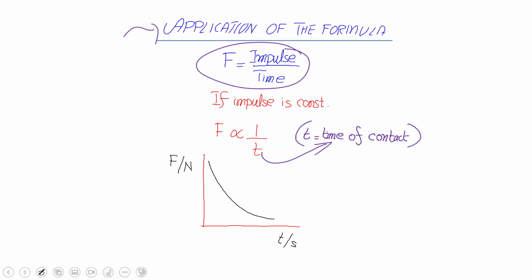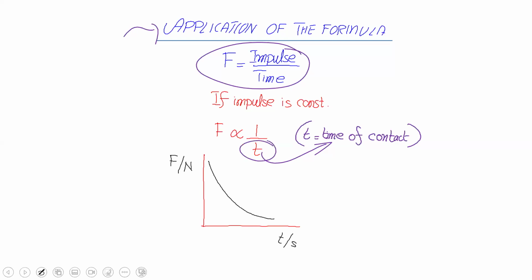So when two objects collide, like two balls, or like when you jump on a jumping castle, you have noticed that a jumping castle is designed in such a way that it goes in, compresses, and then you rebound. The bouncing games, the bungee jumping, they all are good examples of this concept: you increase the time of contact.